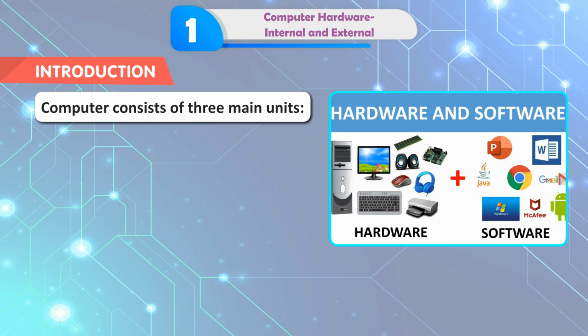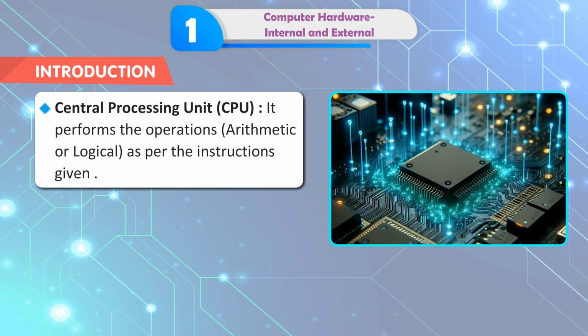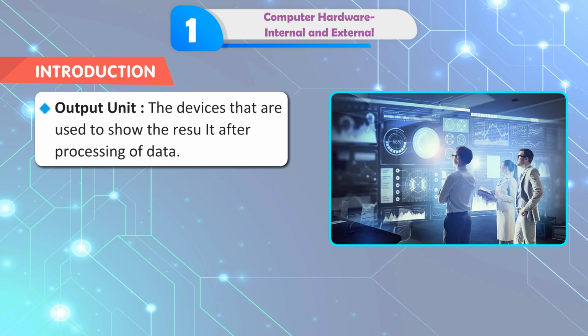A computer consists of three main units. Input unit: the devices that are used to enter data into the computer. Central processing unit, CPU: it performs the operations, arithmetic or logical, as per the instructions given. Output unit: the devices that are used to show the result after processing of data.